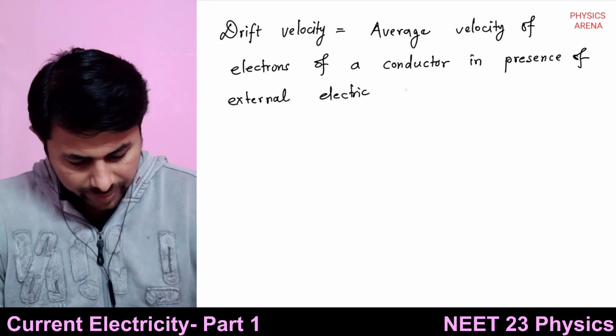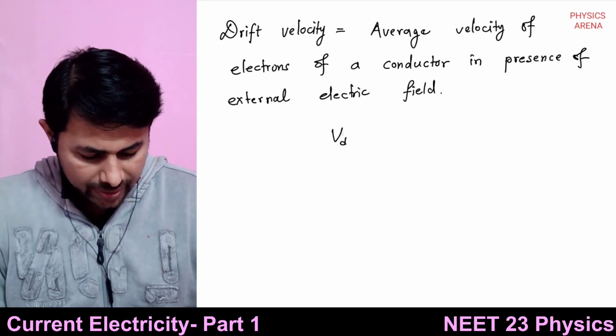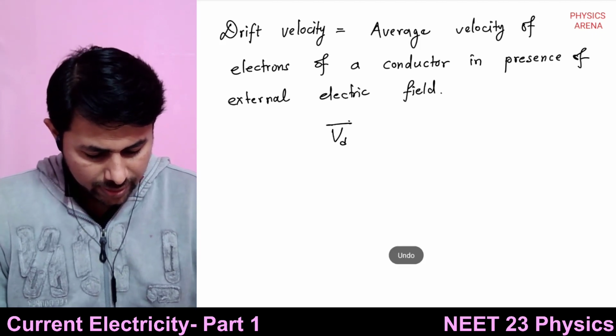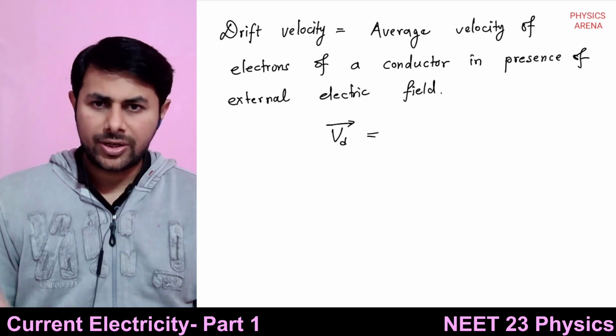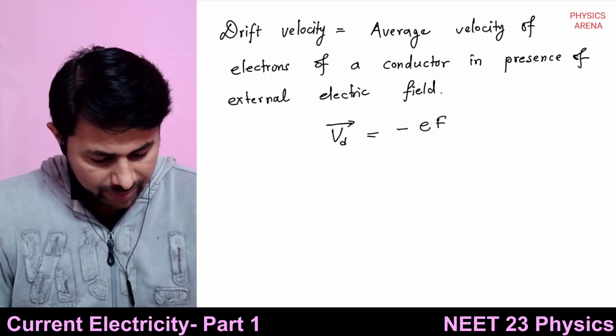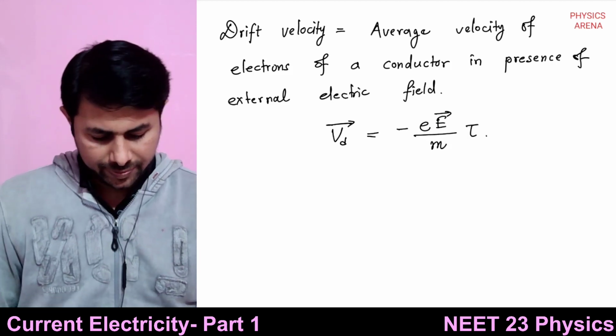It is denoted by Vd, d for drift. It is equal to minus of E times E bar upon m multiplied by tau.